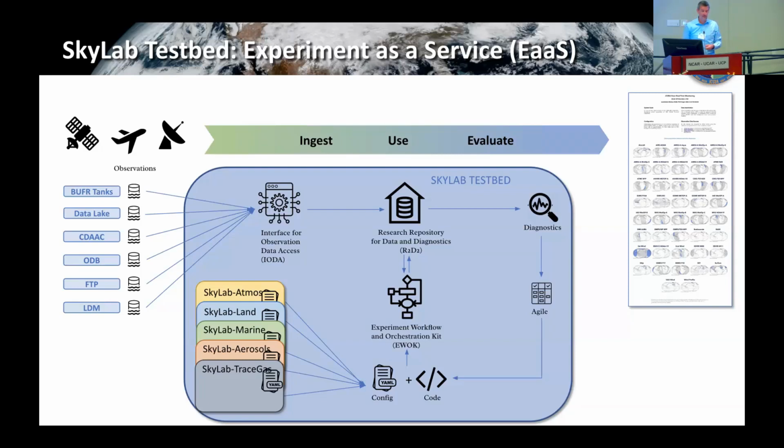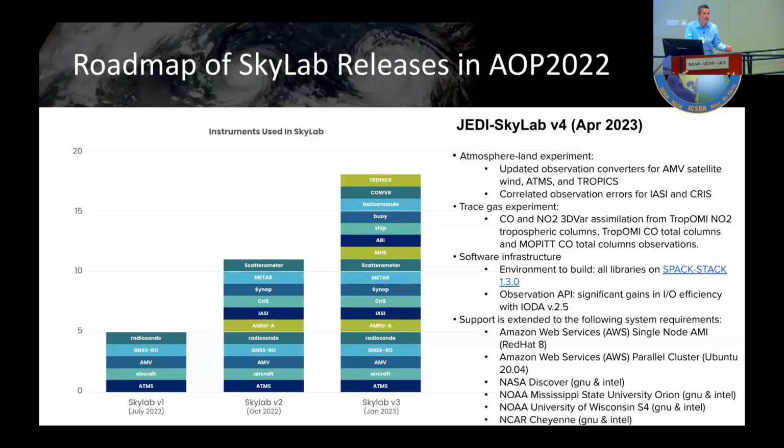You have one data flow, one workflow, one suite of diagnostics, one way to build, and you can use it for each of these components separately, or all of them together as well. It's not solving any of the scientific issues of coupling, but it's providing a really nice framework to look into all these types of things. The other idea is you want to have the ability to swap models easily, and we'll show you an example.